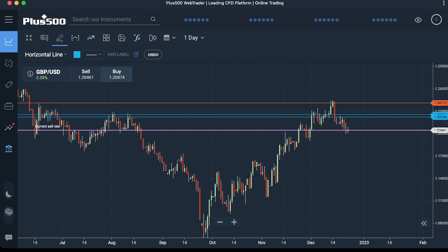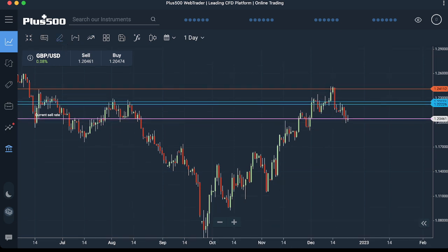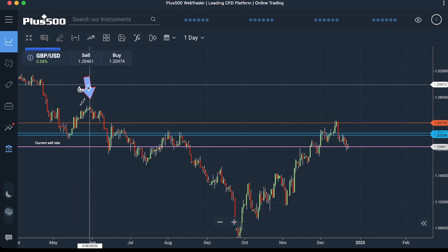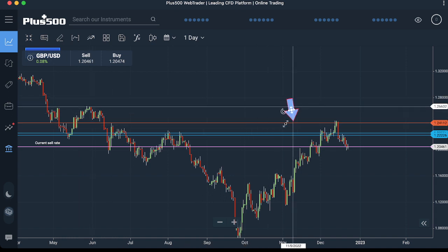So these two lines are important, and as you can see, let me just grab that indicator again, to show you exactly here.